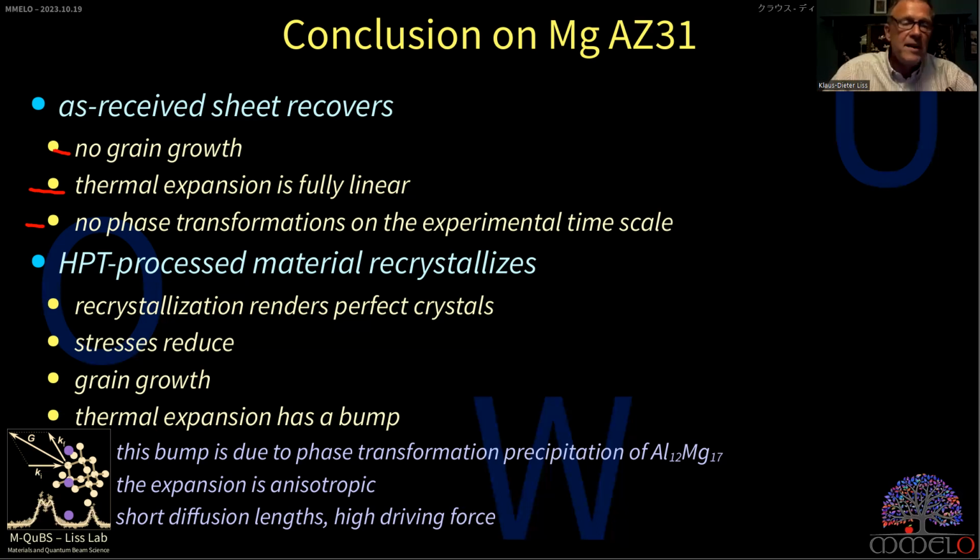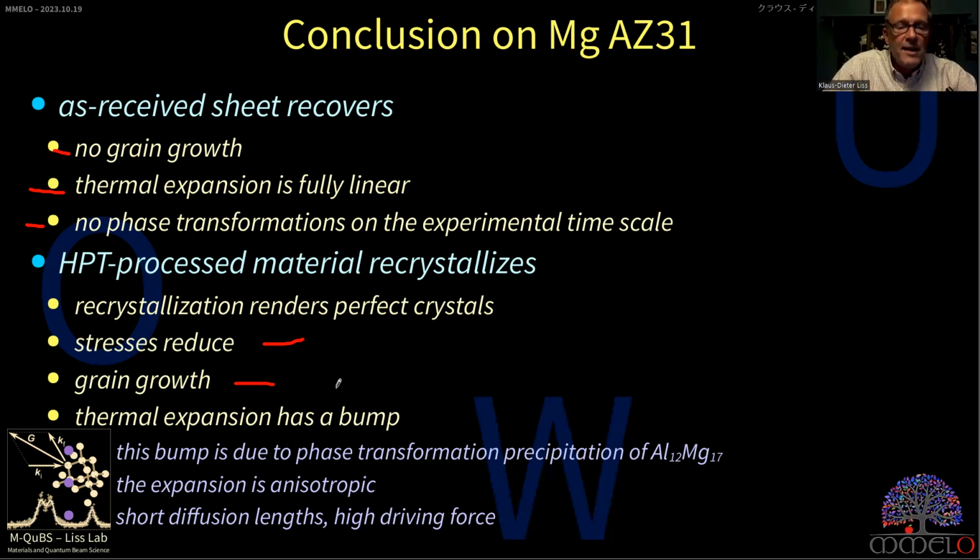This is different in the HPT processed material. First of all, it recrystallizes. During recrystallization, there are a lot of changes going on in the lattice, a lot of vacancies and high diffusion rates. The stresses reduce.